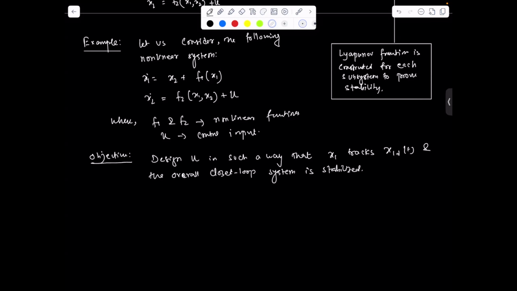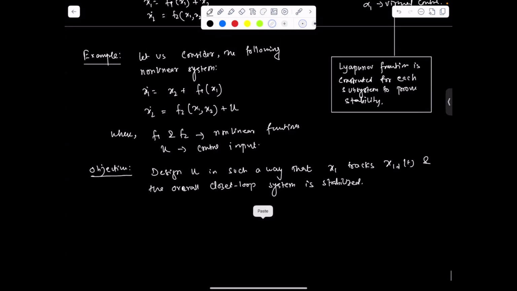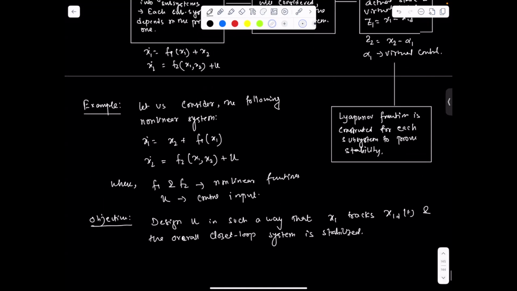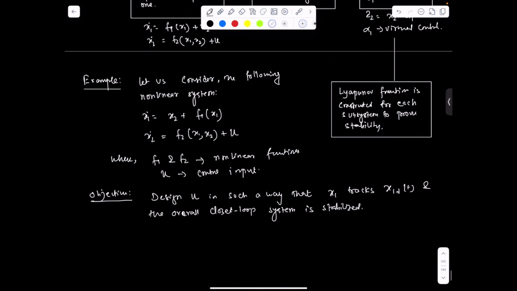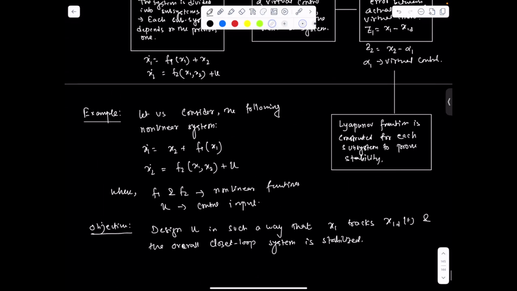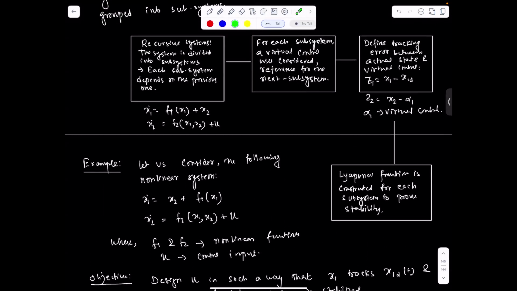So this is our objective for this problem. Here we'll be using the backstepping based control concept, and we'll validate all the steps we have considered here.